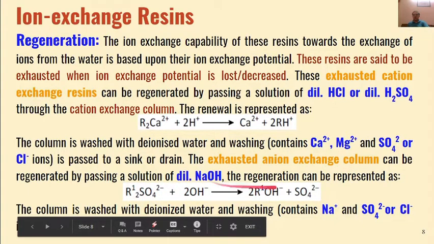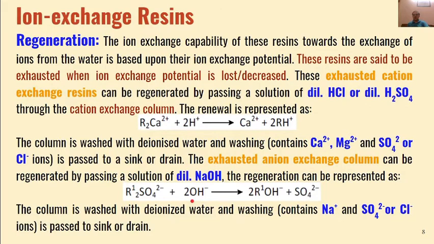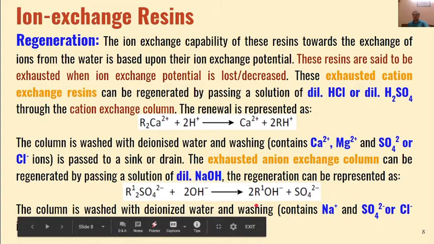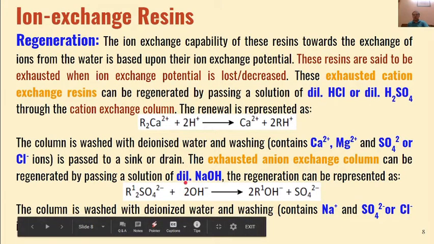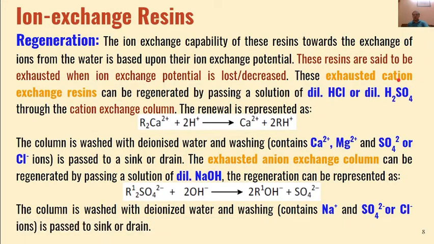So this sodium sulfate, sodium ions and sulfate ions, or chloride ions if we use other material, are removed. So this is how the regeneration of exhausted cation exchange resins or exhausted anion exchange resins can be done.